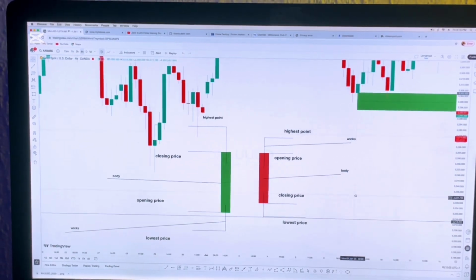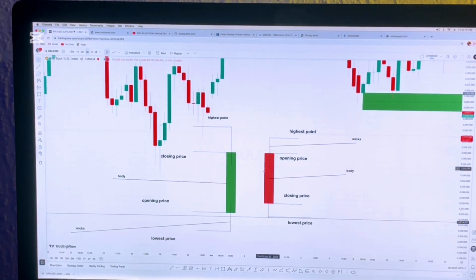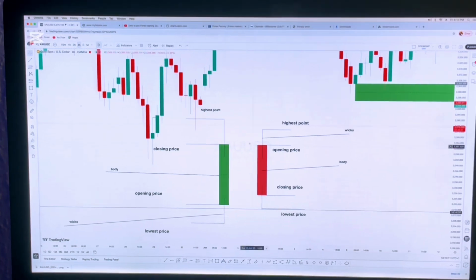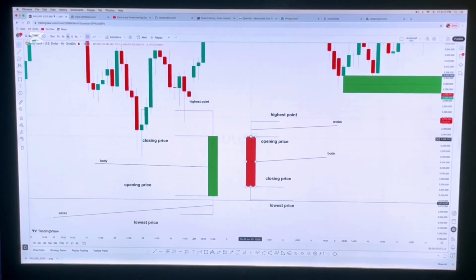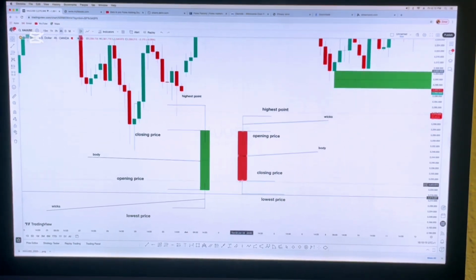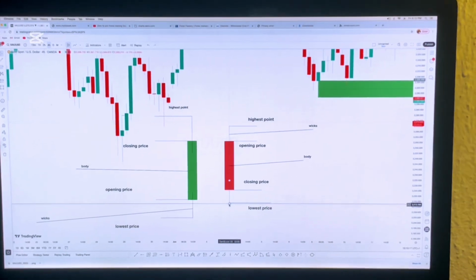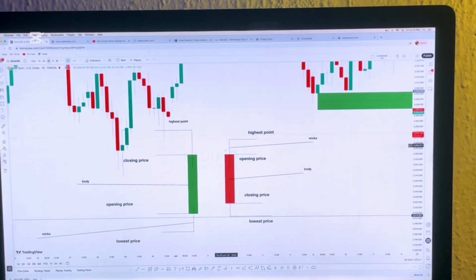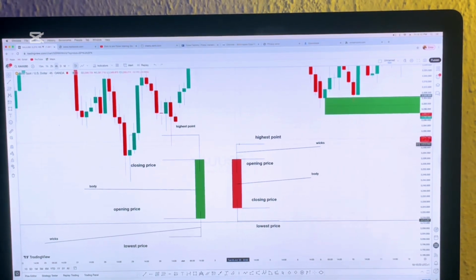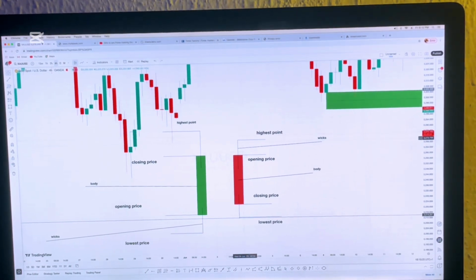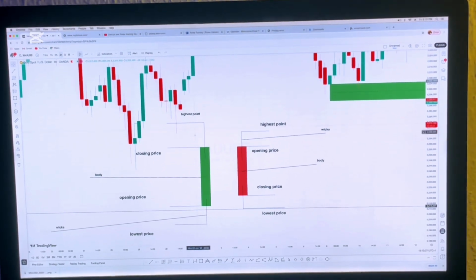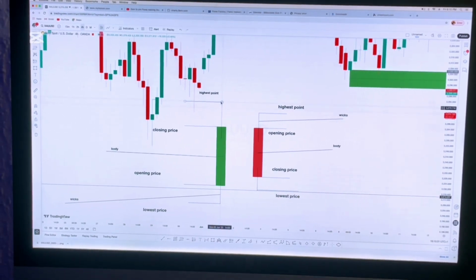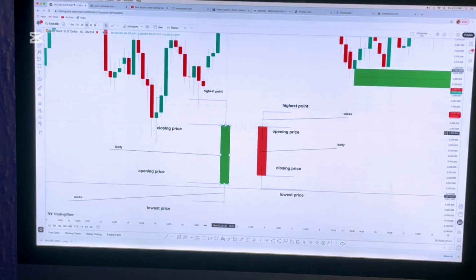Now on a red candle, which is a bearish candle, the highest point gives us the opening price, while the lowest point gives us the lowest price, and the point before the lowest price gives us the closing price. Now you have this particular bullish candle, which gives us the highest point the wick got to, and then we saw price push to the downside.